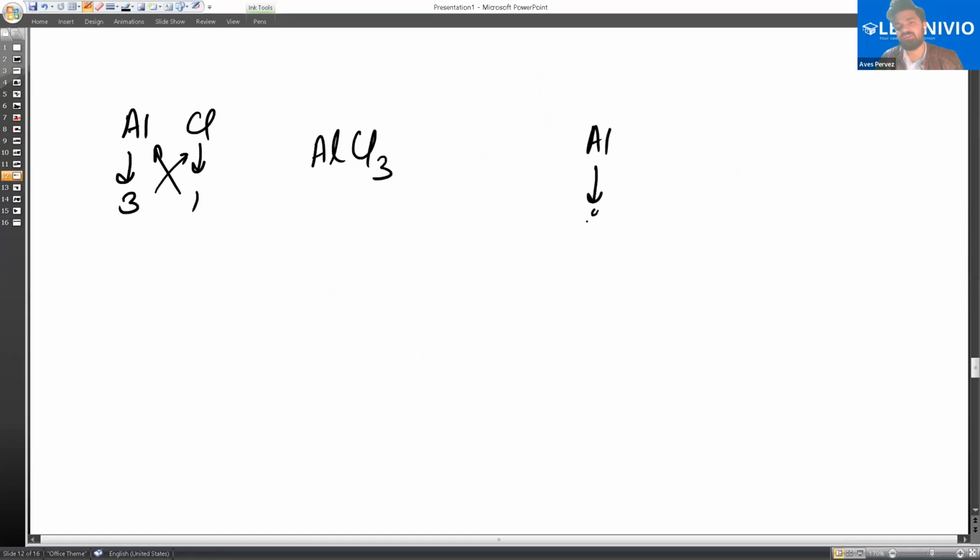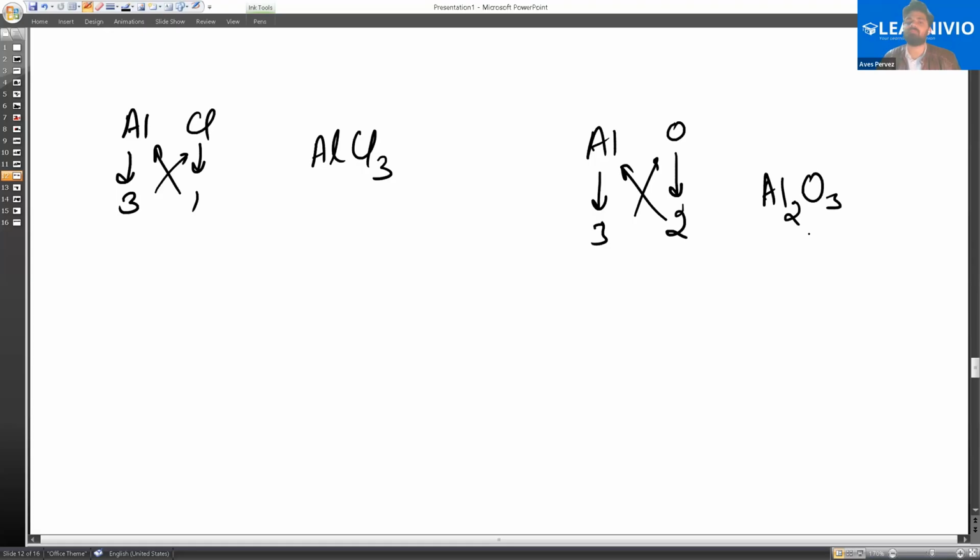Aluminium has valency 3, and oxide has valency 2. So they will cross multiply each other, and it will be Al2O3. Got it?